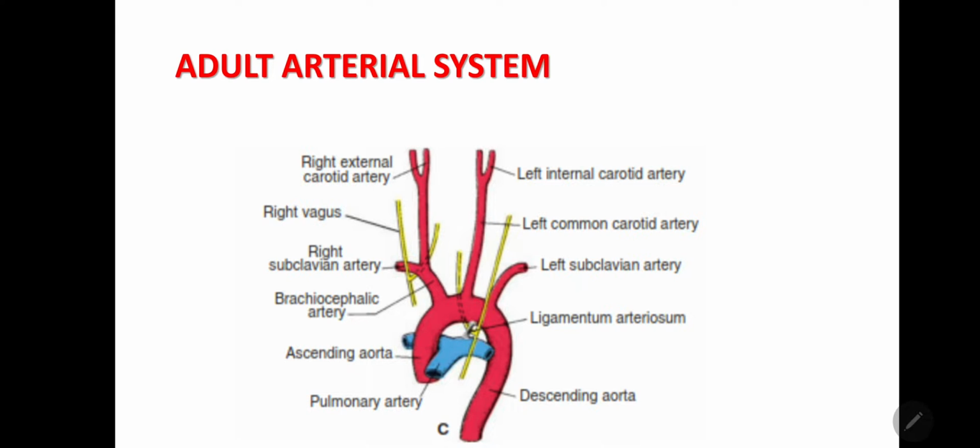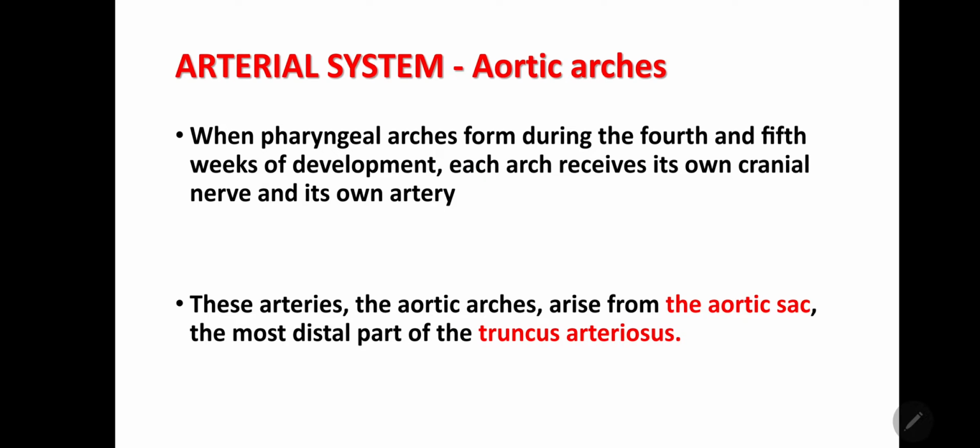You can see how the right and left recurrent laryngeal nerves hook around different arteries. On the right side it hooks around the right subclavian artery. On the left side it hooks around the arch of aorta, that is the ligamentum arteriosum. What is that? We will see in the further slides.